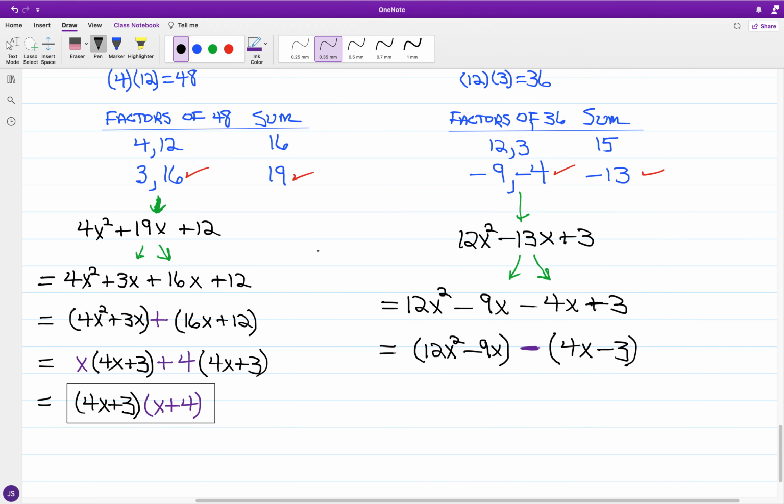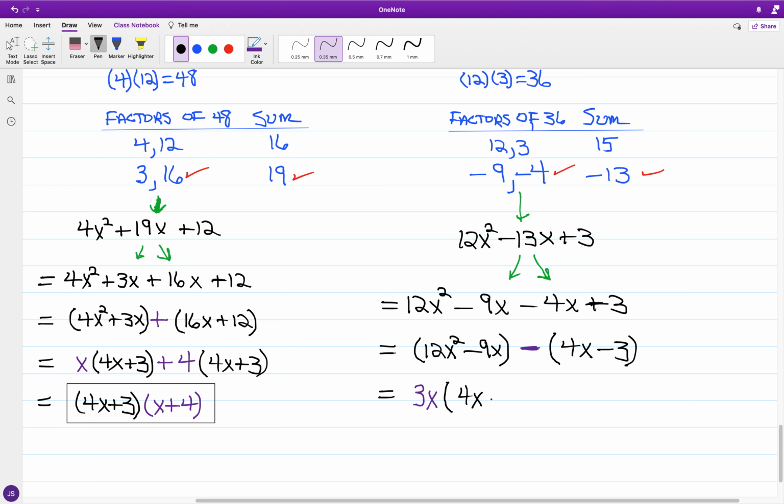And now, drawing out the greatest common factors, for 12x squared minus 9x, both of these are variable terms, so the greatest common factor is going to be 3x. And 3x into 12x squared is going to be 4x.